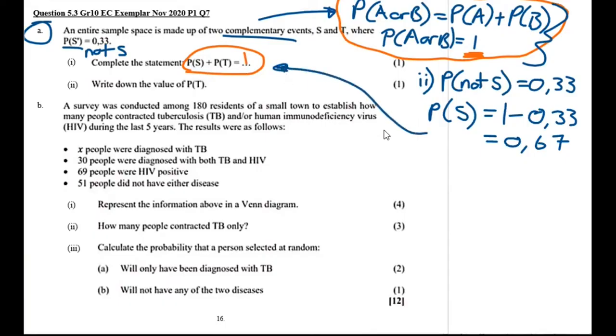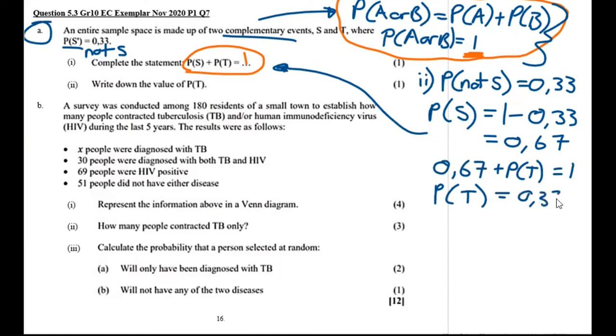Yes, ma'am. Okay, so the probability of S is 0,67 plus the probability of T equals 1. And then how did you get the probability of T on its own? Ma'am, I said 1 minus 0.67. And that's where you got the 0,33, and it's completely correct.